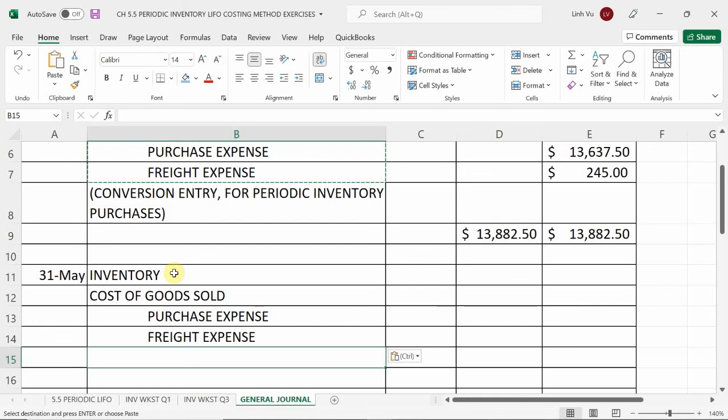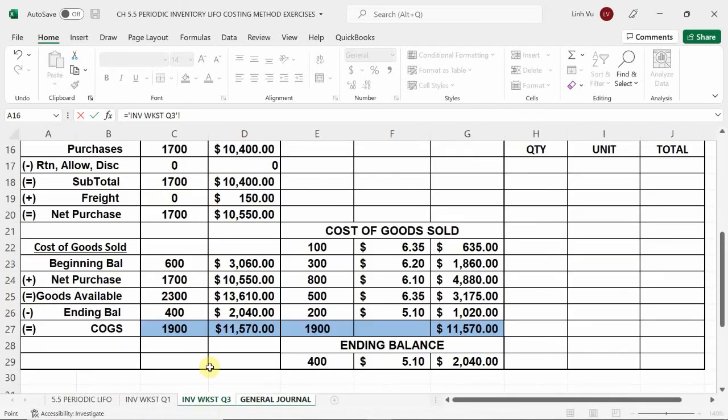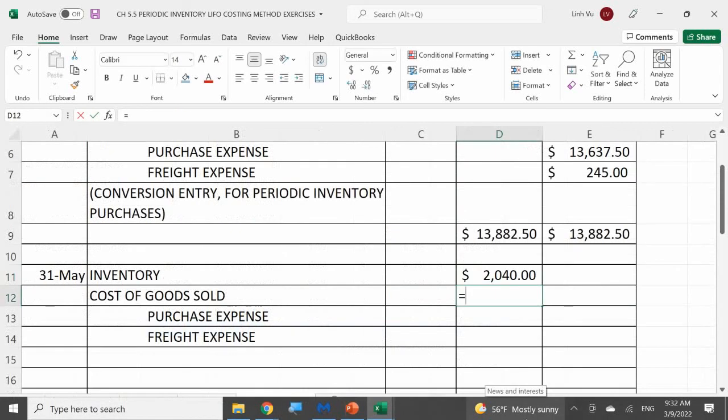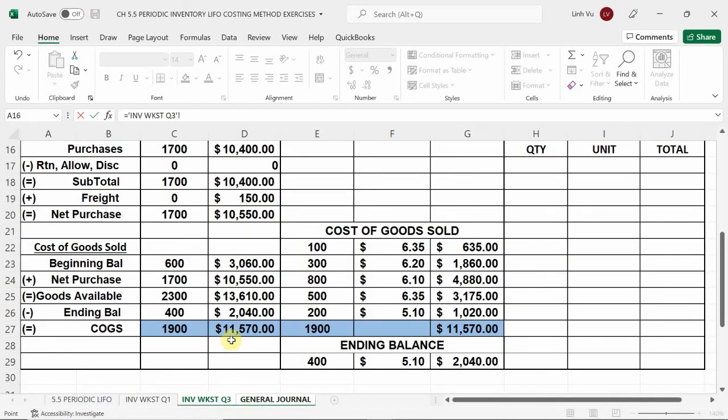The conversion entry. Okay, so then let's go ahead and just solve and then we'll figure it out there. So in this case, what was the total balance of my ending inventory? 2,040. What was the total cost of goods sold? 11,570.